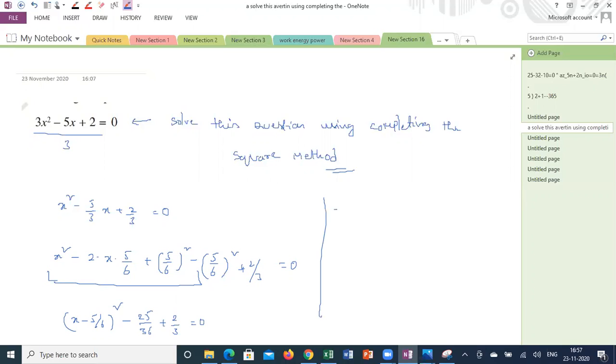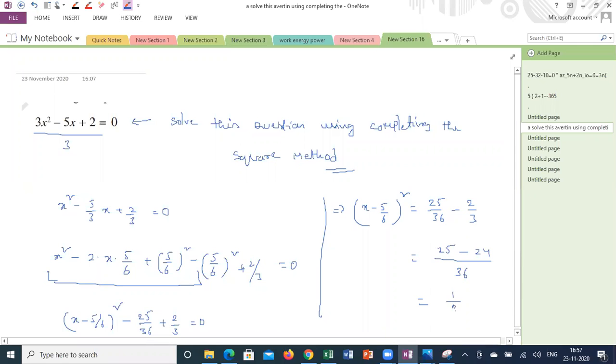So this can be rewritten as x minus 5 by 6 whole square equals 25 by 36 minus 2 by 3. Here 36 is the LCM, so 25 minus 24 is 1 by 36.